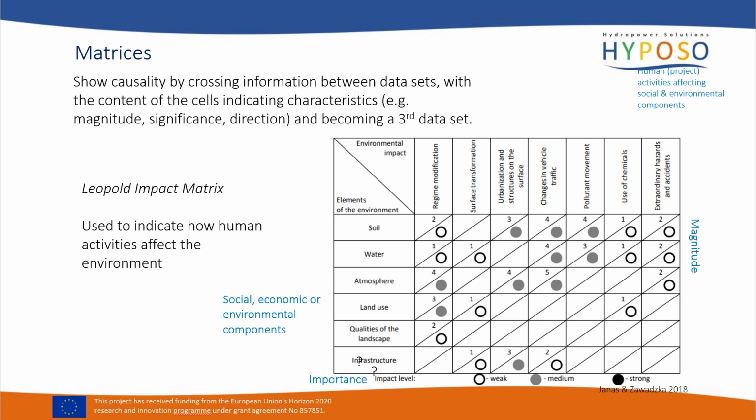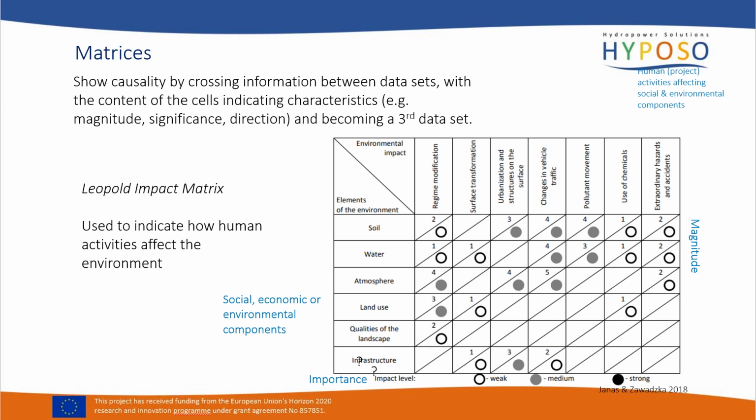So I mentioned before that matrices are the tool that is used in impact assessment to synthesize the findings from all those different methods that have been applied to understand how different activities or components of the project are going to affect specific components of the environment.